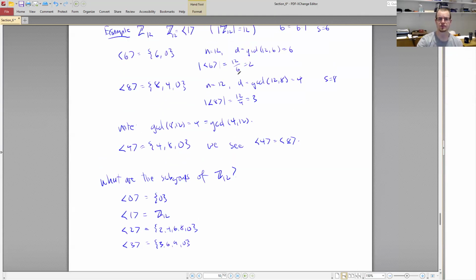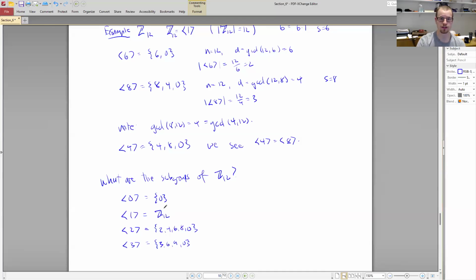Notice here how many elements it should include. Greatest common divisor here is 1. Oh wait, no. Sorry, greatest common divisor is 12. Everything divides 0, right? So we're good there. Greatest common divisor of 1 and 12 is 1.